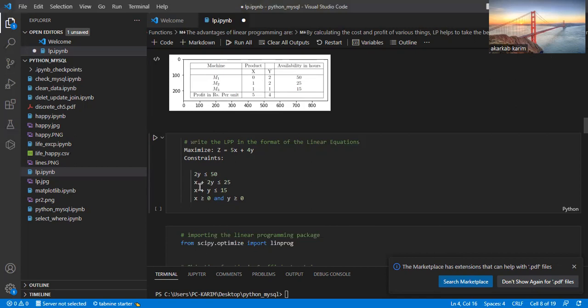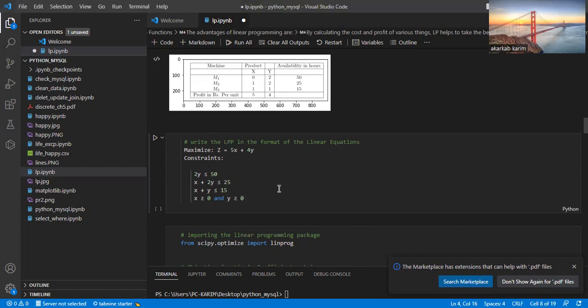In the next constraint, x plus 2y is less than or equal to 25. As we see, in machine 2 we need 1 hour for x and 2 hours for y, and we have this constraint of 25. The same with M3: we need 1 hour for x and 1 hour for y, and we have this constraint of 50. Also x and y should be positive or zero.